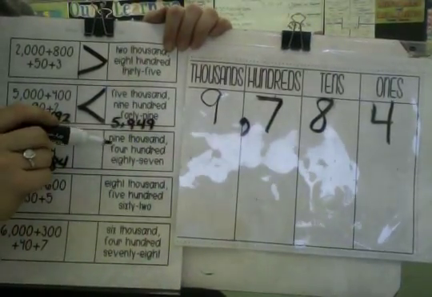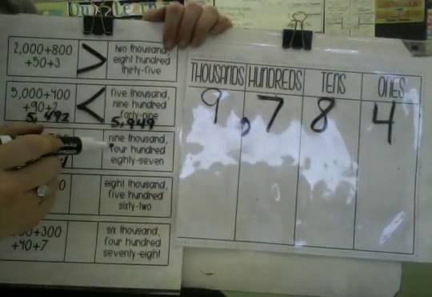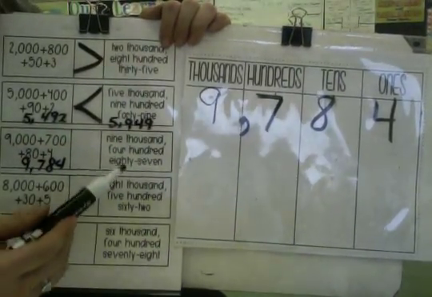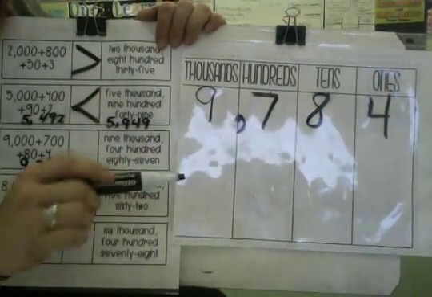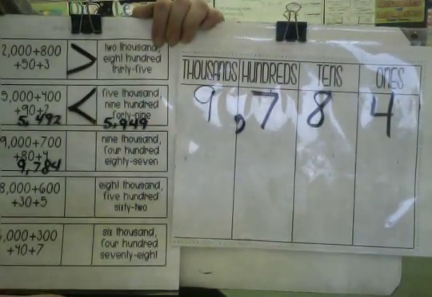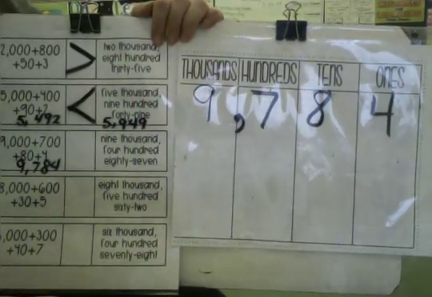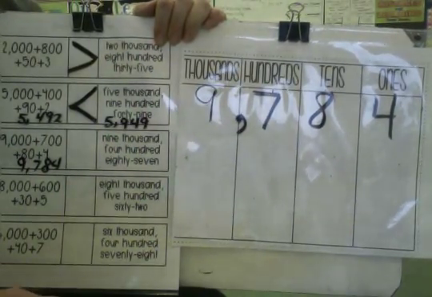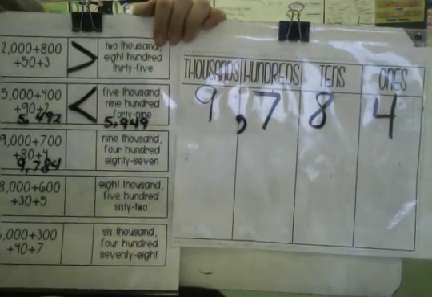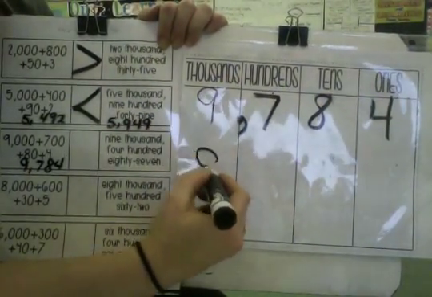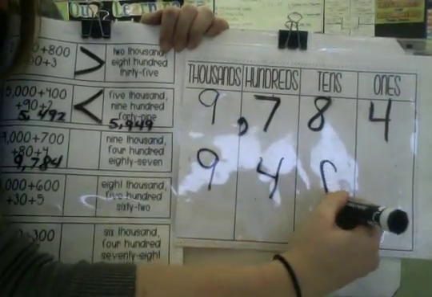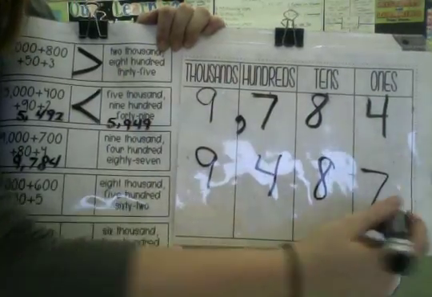Let's read it together. 9,487. Can you please put that into standard form on your place value chart? Did you say that there was 9 thousands, 4 hundreds, 8 tens, and 7 ones?